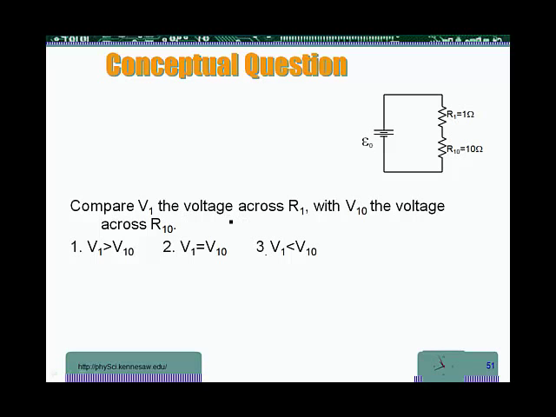Compare the voltage across R1 with the voltage across R2, which is 10 times R1.